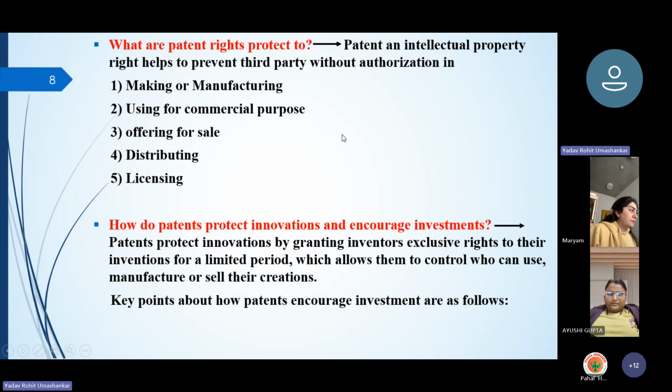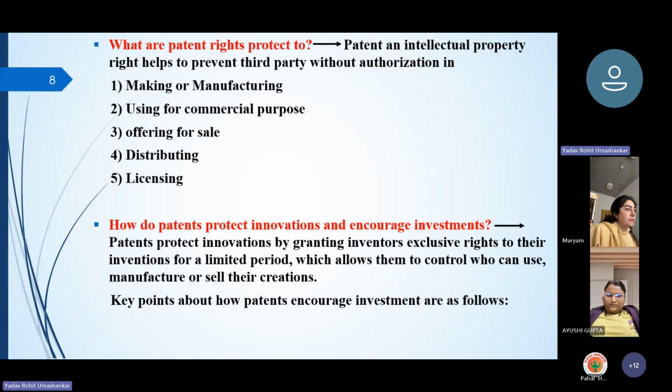So what do patent rights protect? First we will see what the patent rights are. Patent and intellectual property help to prevent third parties without authorization from making or manufacturing. What does that mean?